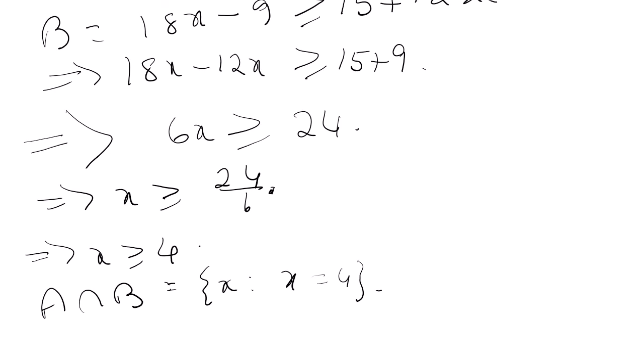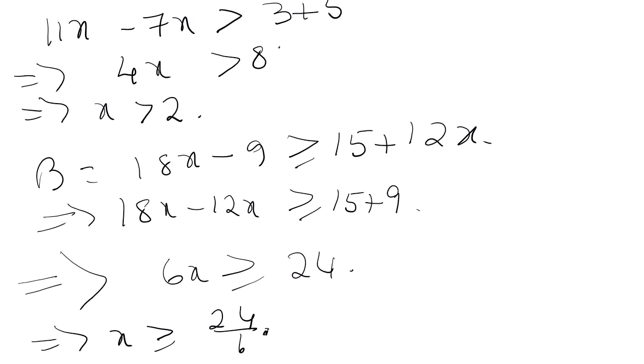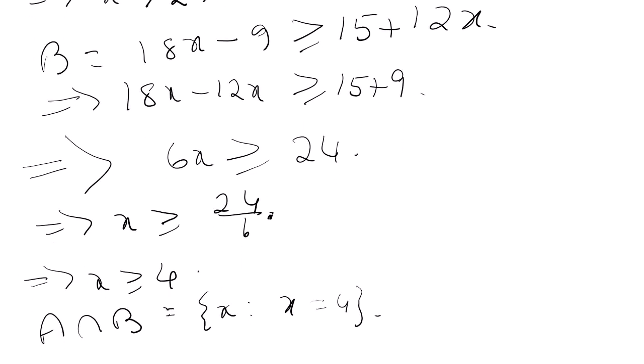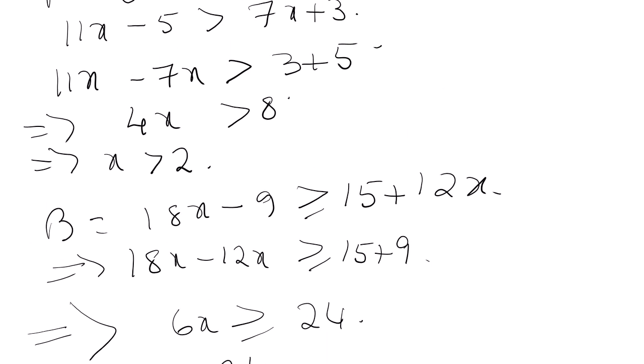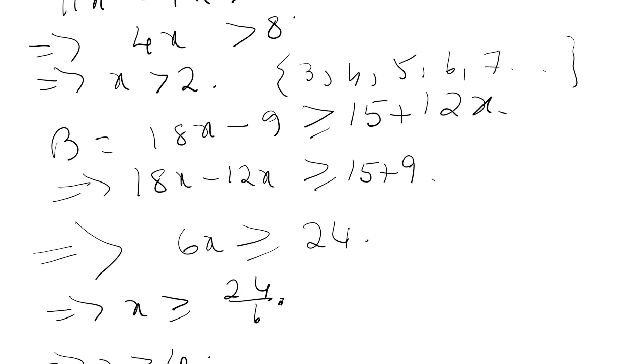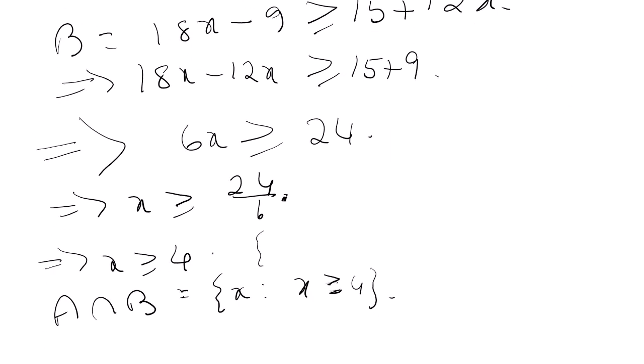Because the solution set of A will have all the numbers greater than 2, that is 3, 4, 5, 6, 7 and so on, whereas the solution set of B will have all the numbers greater than or equal to 4, that means 4, 5, 6 and so on.